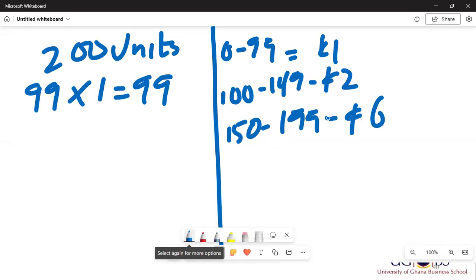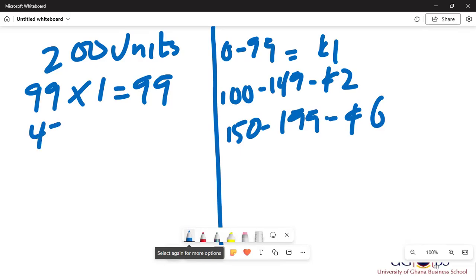So from 100 to 149 is going to give us 49.